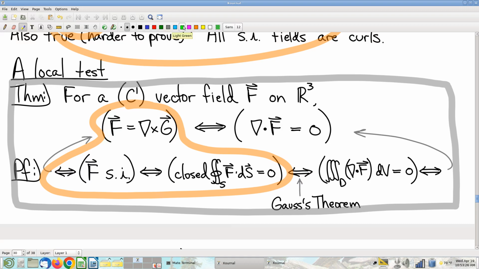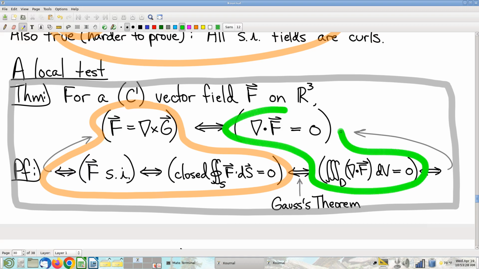Here's some statements that I can make about divergence. If all triple integrals of divergence are zero, well then surely the divergence itself must be zero. How can an integral of something always be zero no matter what the domain is unless the thing itself is identically zero? What's the connection between these?